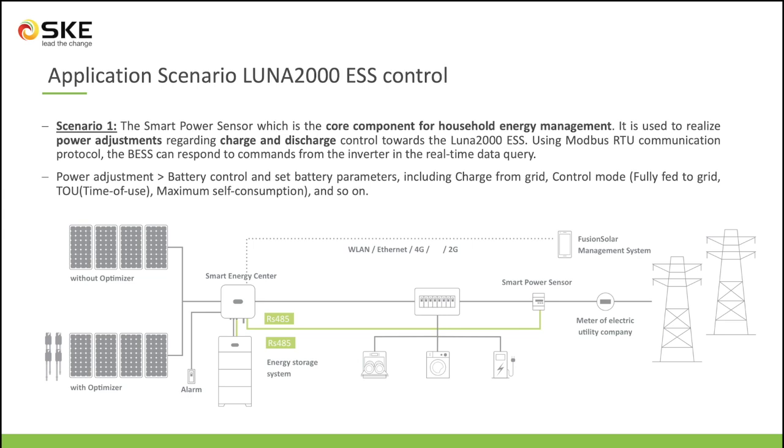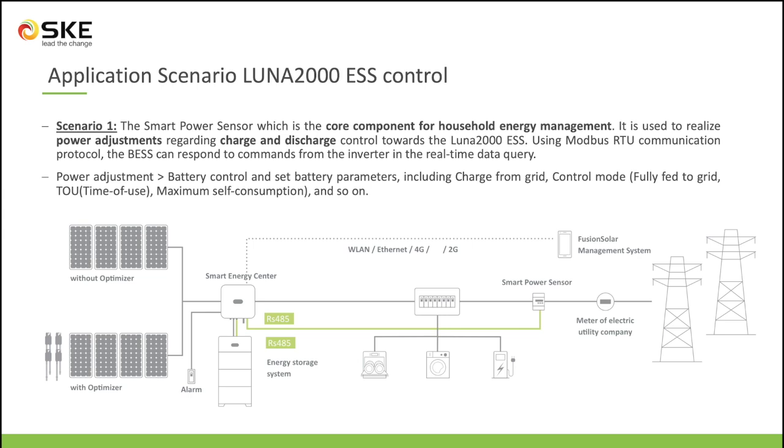This is a small introduction of the working modes of the Luna 2000, which refers to charging from the grid, the control modes, fully fed to the grid, time of use, maximum self-consumption, and so on. We can also use this slide as a reference to understand how the system will be communicated.